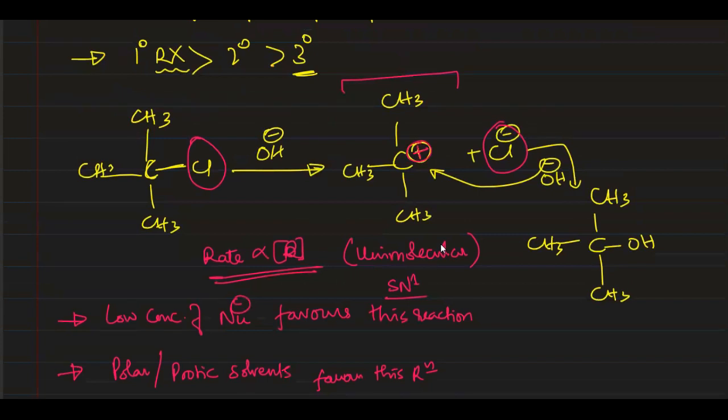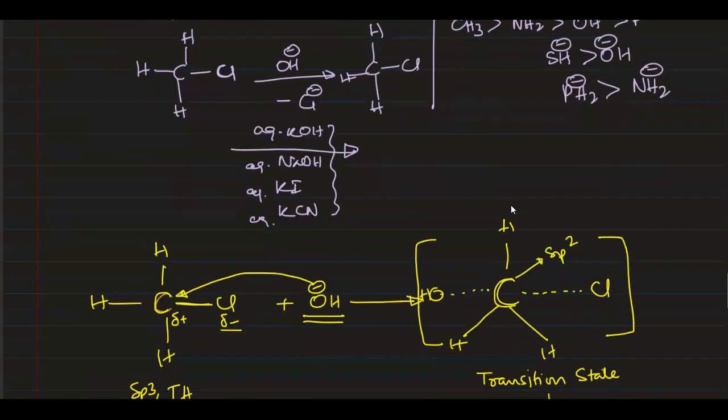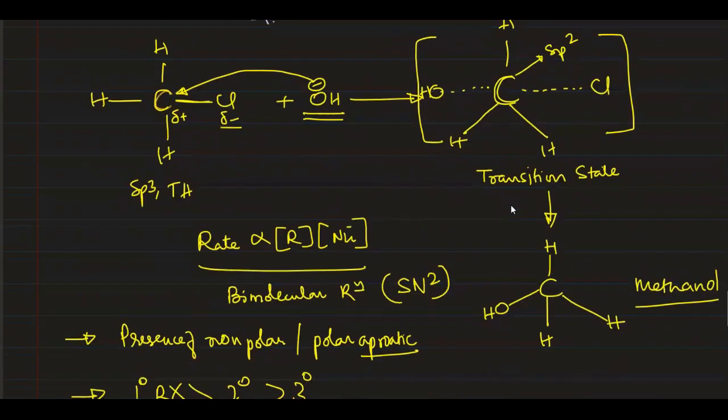So polar and polar protic solvents solvate this ion. As a consequence, the formation of carbocation is favored. So protic solvents favor this reaction. So this is nucleophilic substitution. Both types are important. In general, we will be getting any of the two types only.